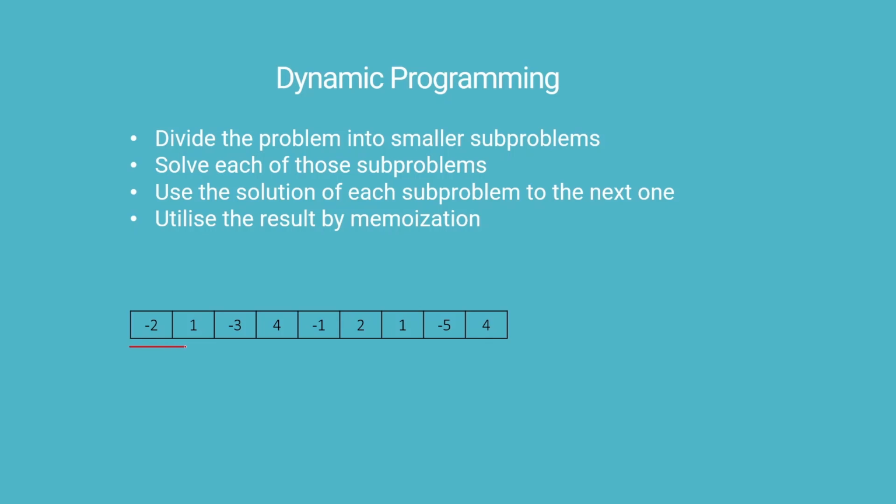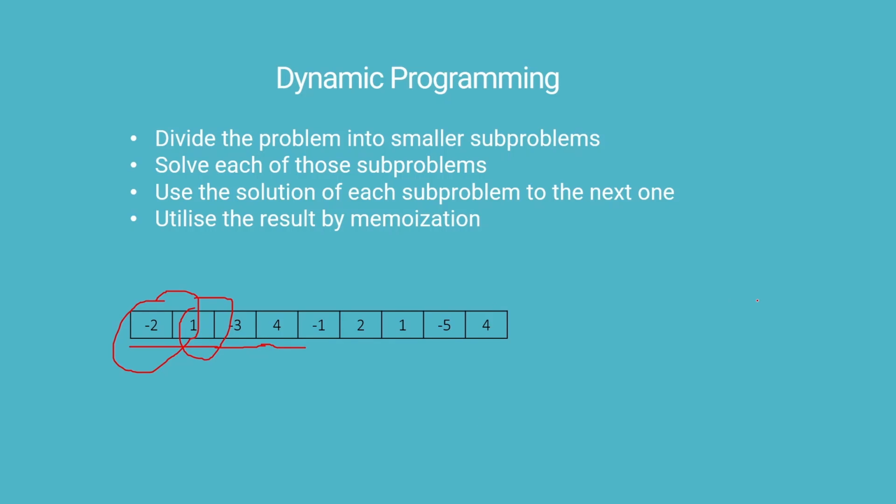After that we go to the next one, then gradually we solve and move forward. Thus we divide this whole thing into similar sub-problems, then we solve them, and gradually move forward. Thus we solve the problem using dynamic programming.